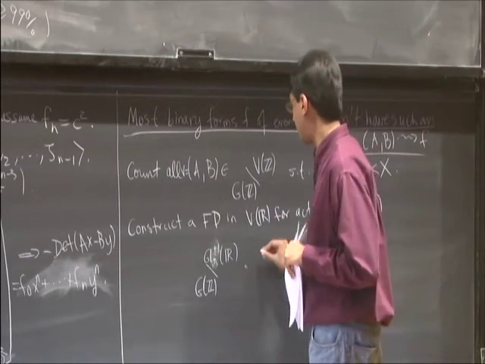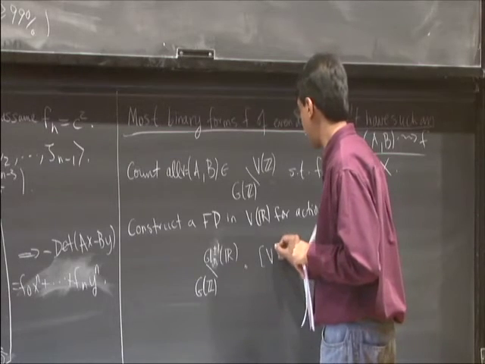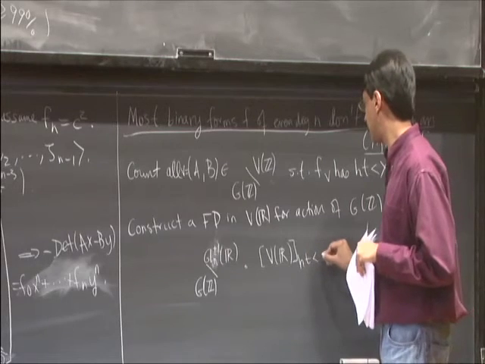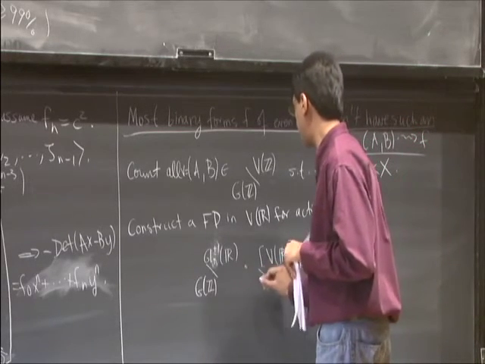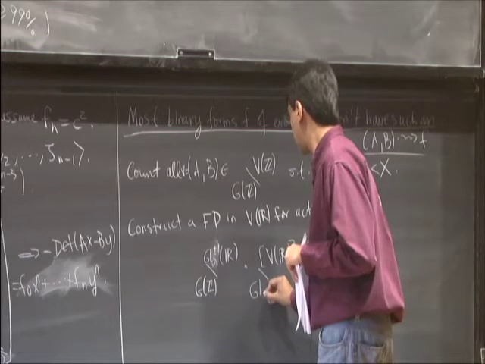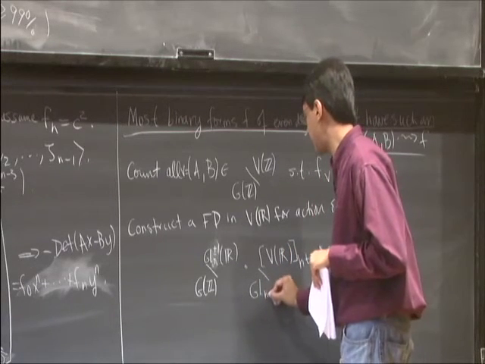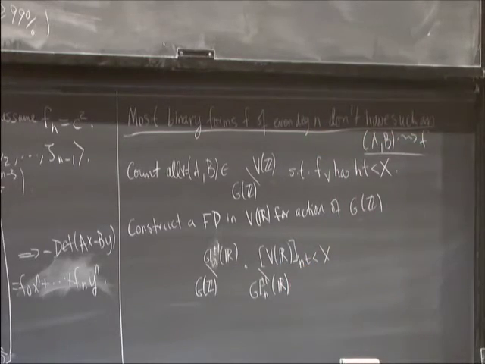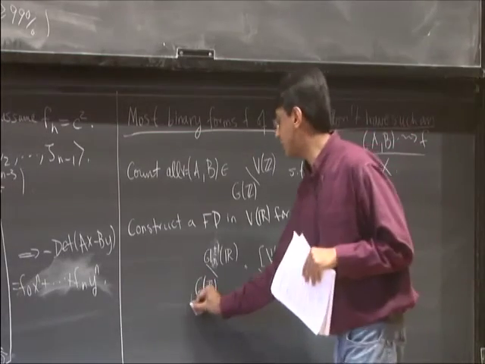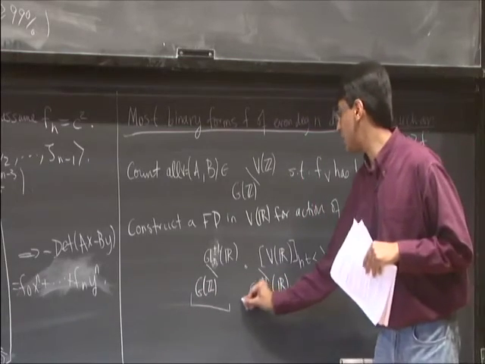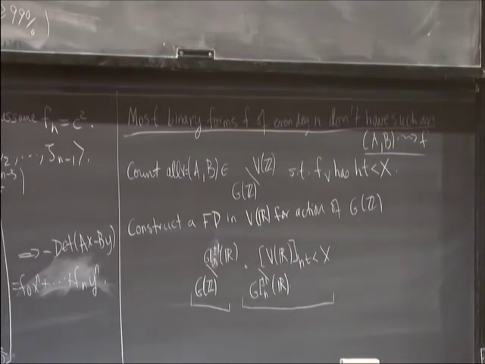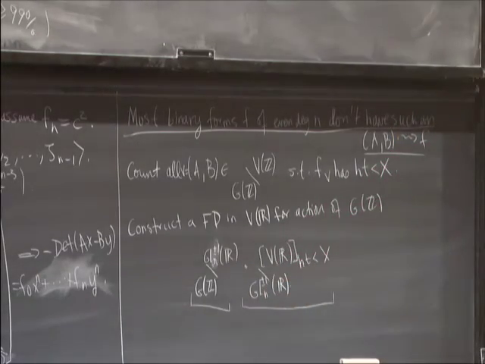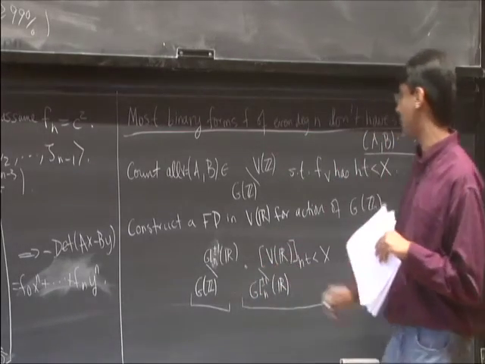And if we hit that with all elements of V(R) whose height is less than X, up to the action of GL_{n-1}(R), then if we multiply, so we take such a fundamental domain inside GL_{n-1}(R), and then we make a fundamental domain inside V(R) up to the action of this group, then you get a fundamental domain for the action of G(Z) on V(R).